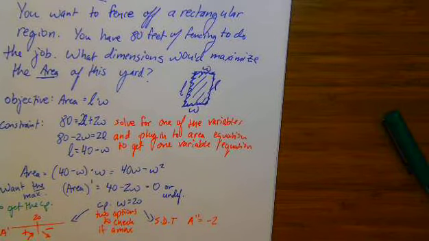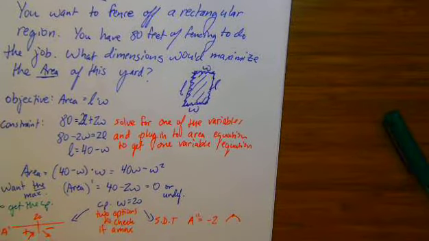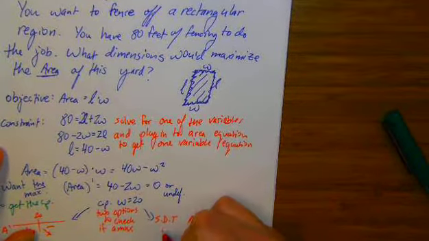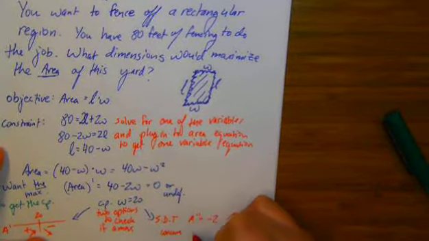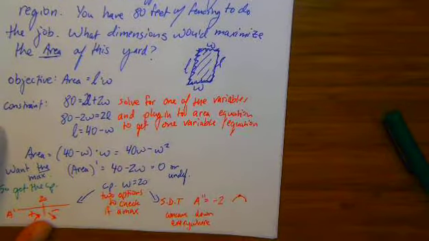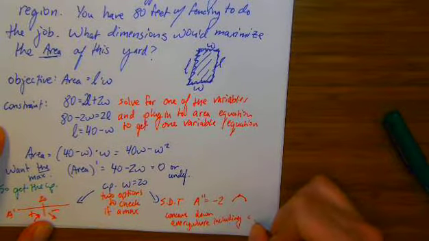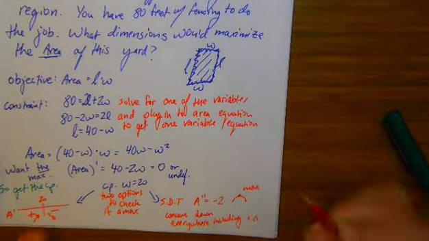Concave down at a critical point, what does that mean is happening? That it's a max. It's concave down everywhere, including the critical point.